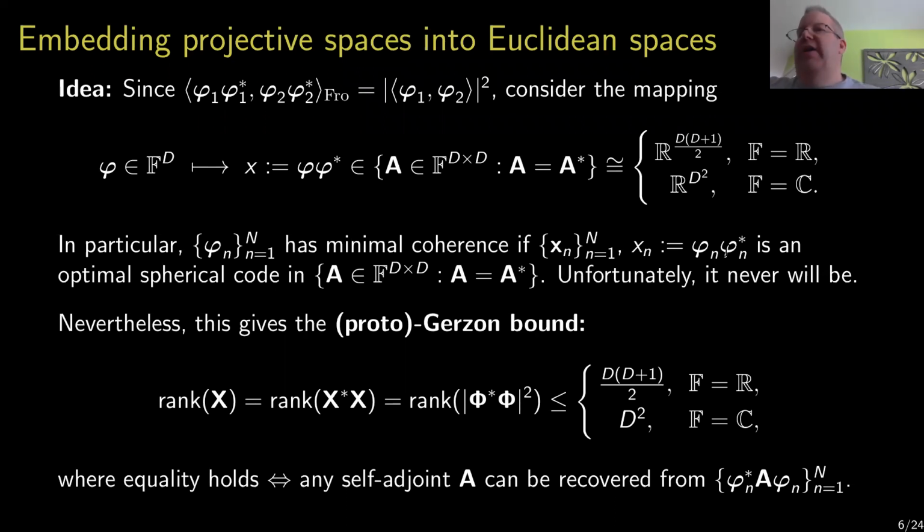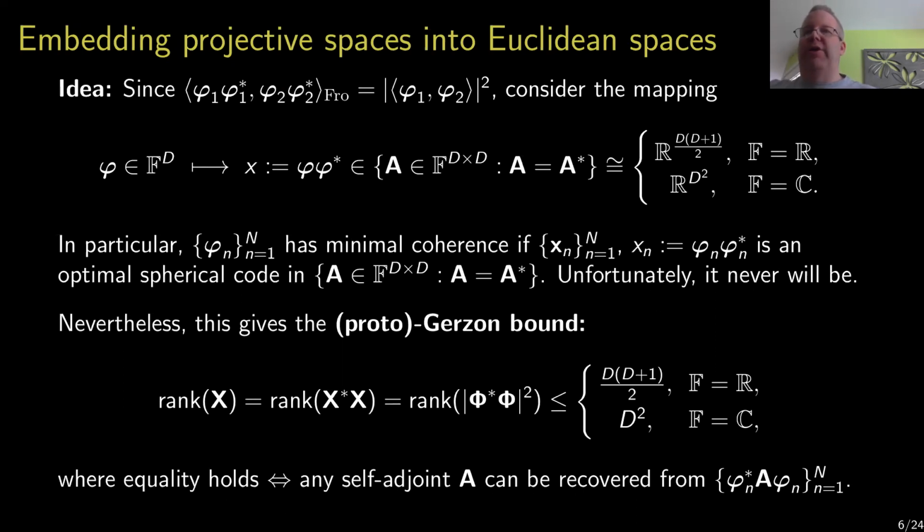The problem is that it's never going to be in this particular case. And Bernard brought this up very nicely in his talk a few weeks ago. It has to do with the fact that when you lift in this particular way, all of these rank 1 projections are all on the positive semi-definite cone. So they're all in the same corner of space. And because they're not allowed to be spaced out, they can't form an optimal spherical code.